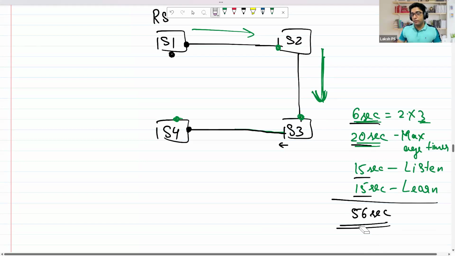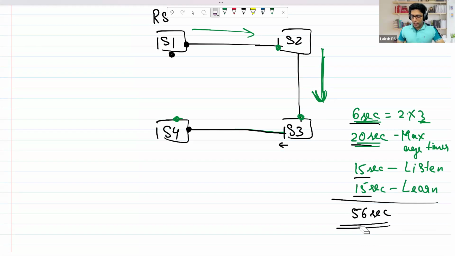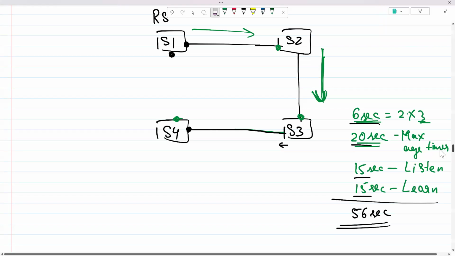These are the three different convergence times: 32 seconds in a normal scenario, in a direct topology change 36 seconds, in an indirect topology change 56 seconds. Any question? Mohit? No, sir.